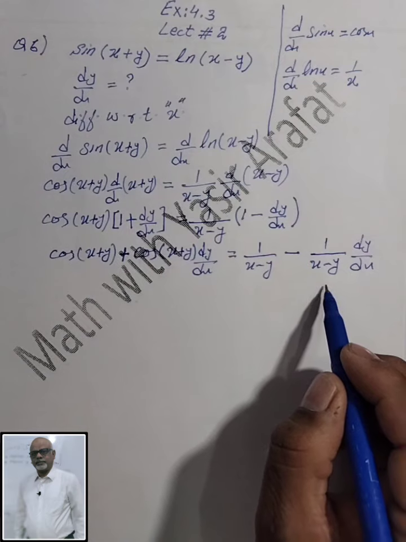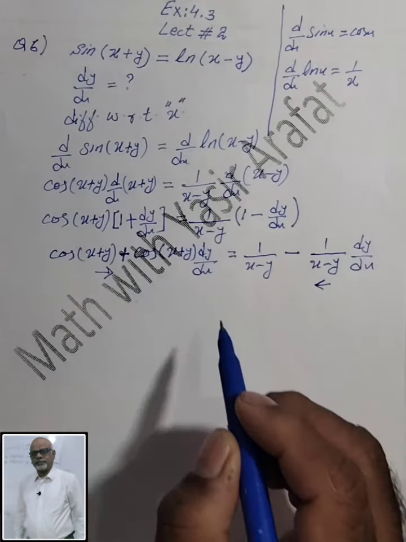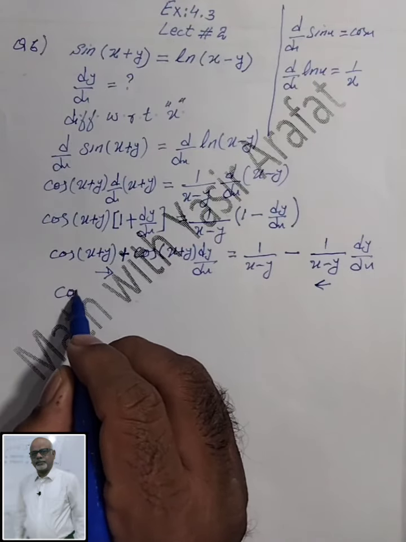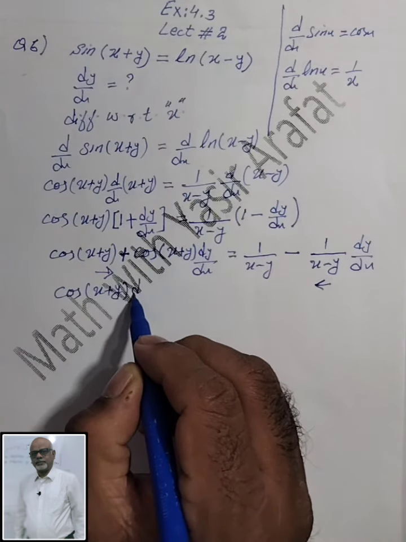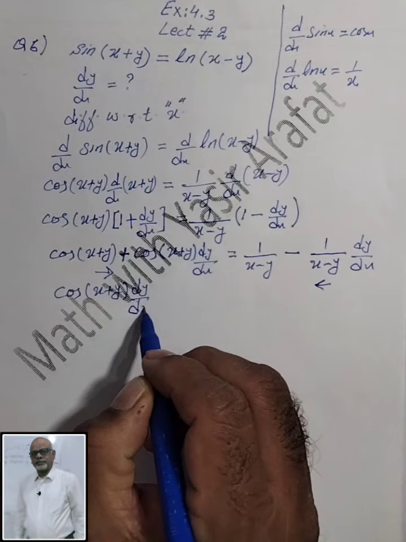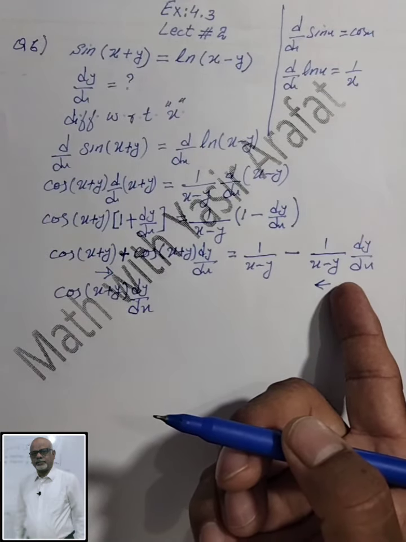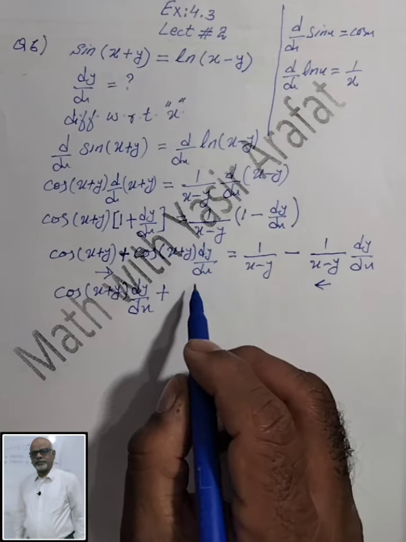Now we have to shift the dy upon dx terms to one side and the terms without dy upon dx to the other side. So this is cos(x plus y) dy upon dx, and this term on the right hand side we have to shift to the left hand side, so minus will change into plus.